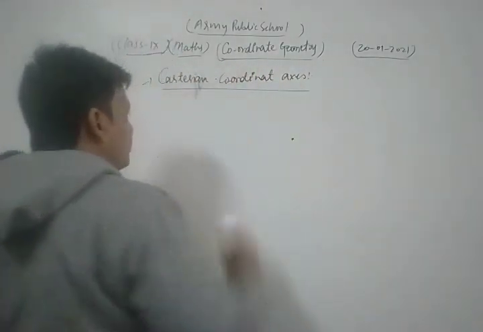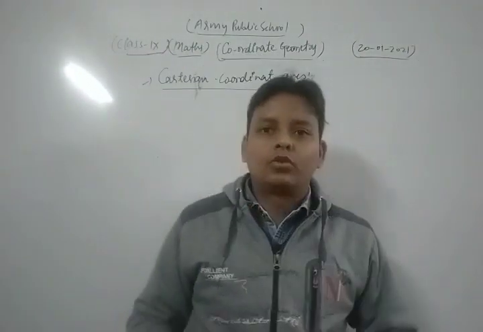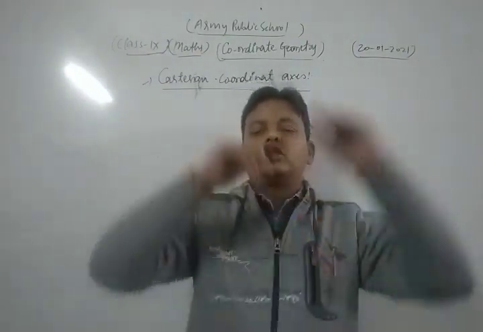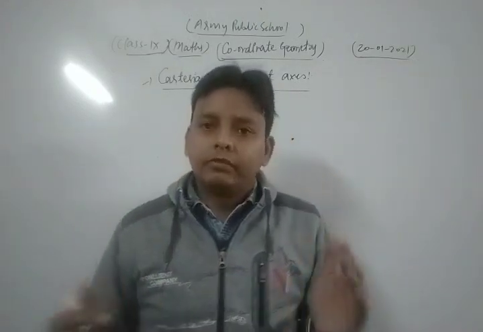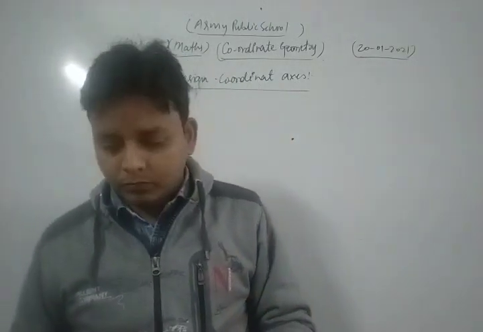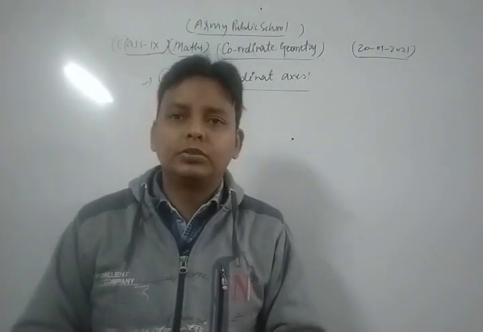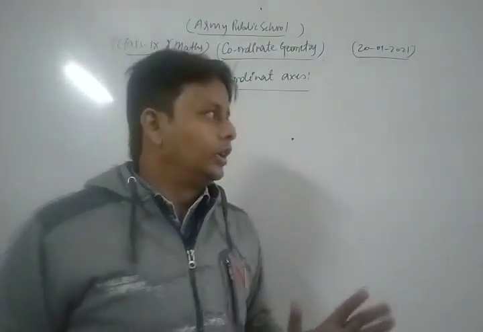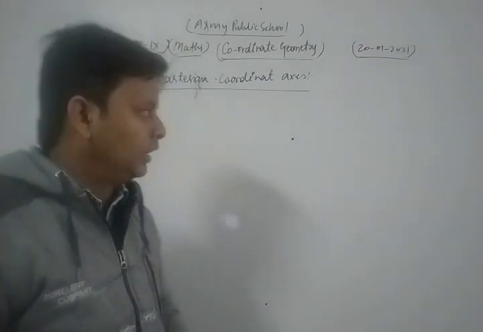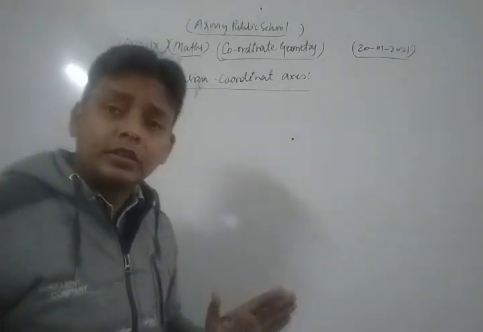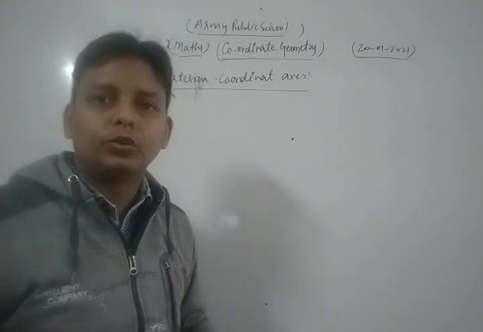What is the concept of the Cartesian coordinate axis? All the questions and all the important concepts in this chapter are related to that axis. Now, in this coordinate system, first of all, we draw two mutually perpendicular lines.